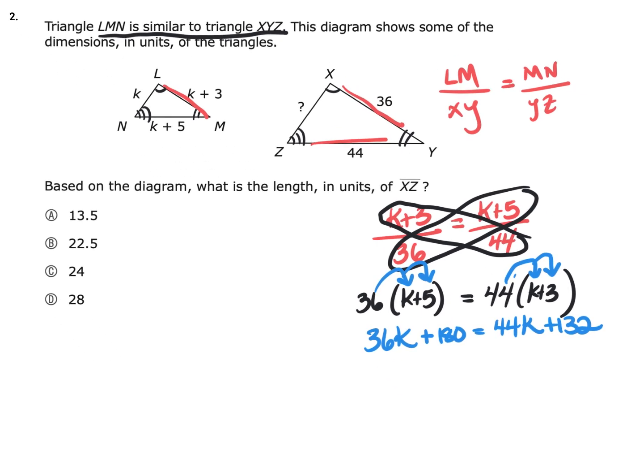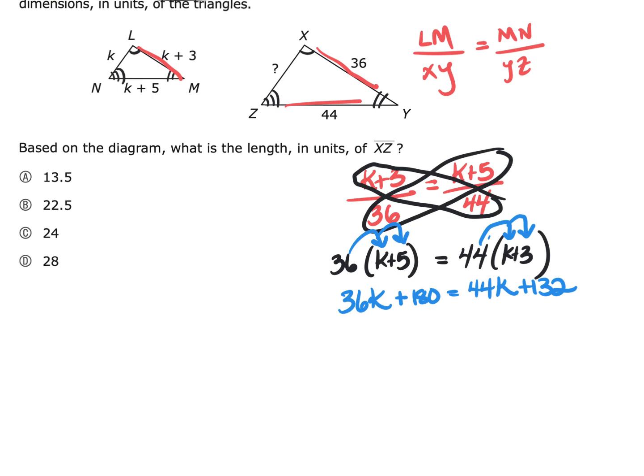Okay, now I have an algebraic equation that I need to solve. Now I have to get all the variables on one side of the equal sign and all of the numbers on the other. So to keep my variables positive, I'm going to subtract 36K from both sides.